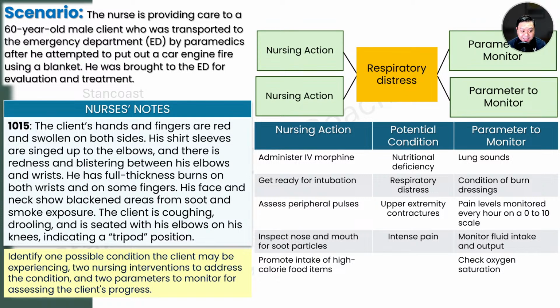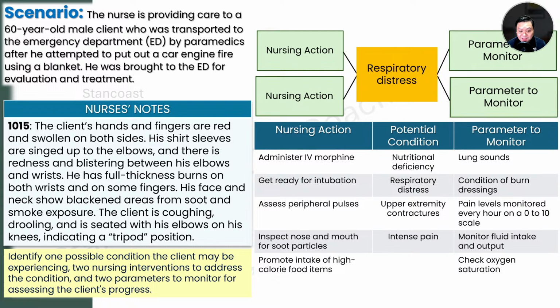So this can potentially block their airway. Aside from that, there could be particles of soot or maybe toxic gases, could be carbon monoxide, that can also impair gas exchange. So this will really make a patent airway a priority this time.